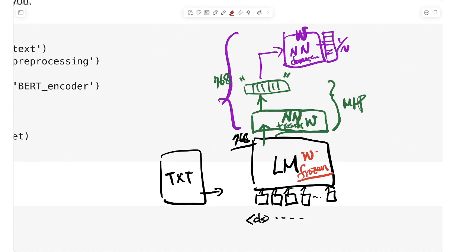Of course, if you have additional cybersecurity documents, you can train the green part by using MLM, and this green structure is outside the language model, which is okay, but I didn't show it right here.